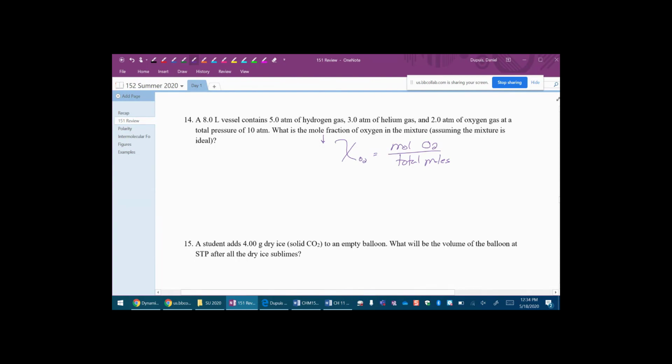All right. And then we got 8 liters, 5 total pressure. So partial pressure: the pressure of O2 is equal to the mole fraction of O2 times the total pressure. Right. Okay.